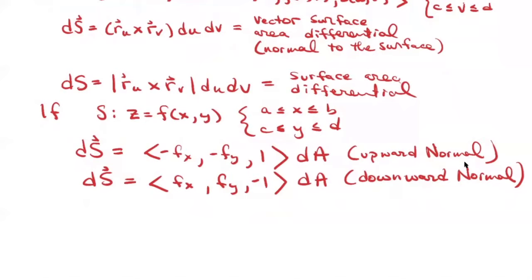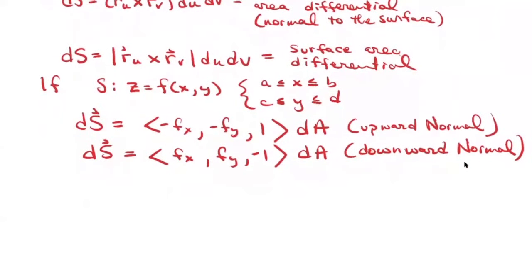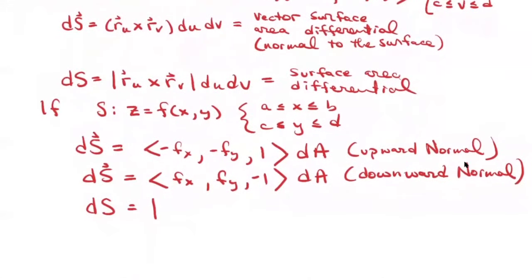Okay. And then we're thinking of these in terms of flux. And the normal tends to point in the same direction as fluid flow, or just whatever the direction of your field is, but not always. Okay, so you'll see this as we go. And then don't forget dS, the scalar, is the magnitude of dS, the vector. And this is true for every case.